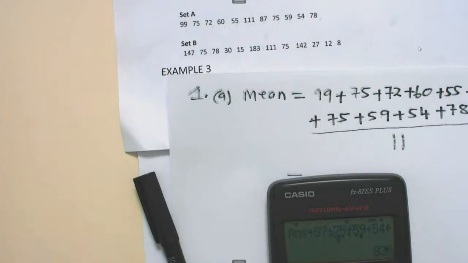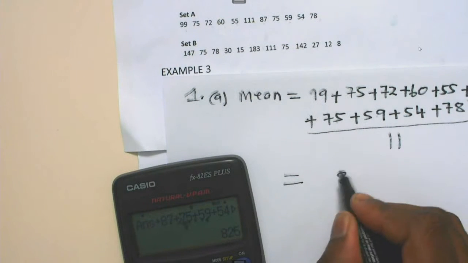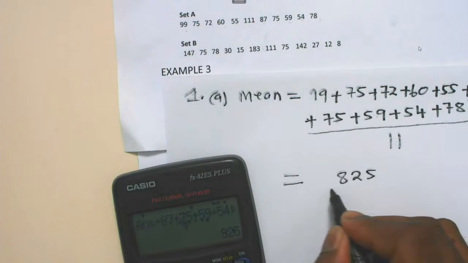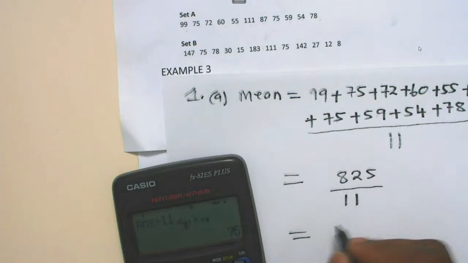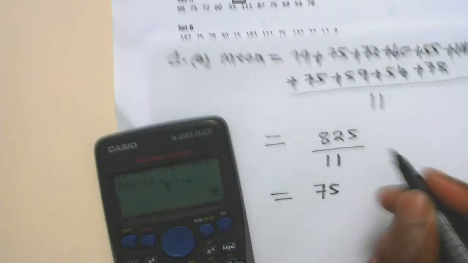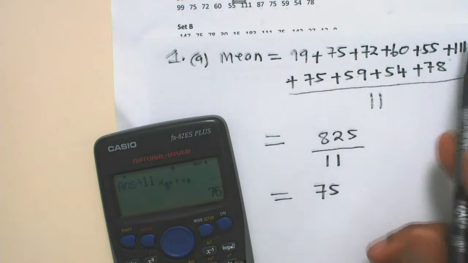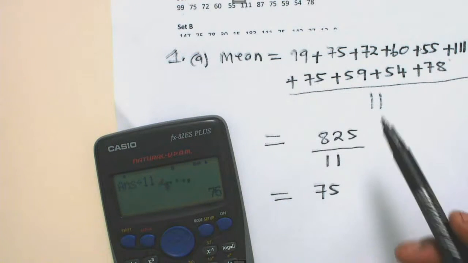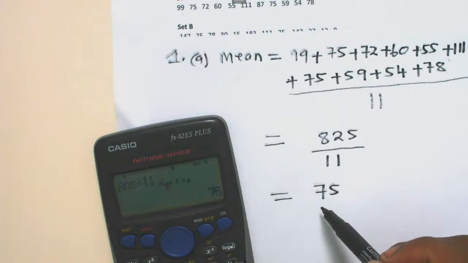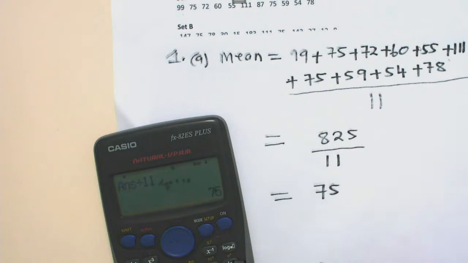So the sum of all our data values is 825. And then we divide it by 11. 825 divided by 11 gives us 75. What does this mean? Sometimes mean can be referred to as average. Our average is 75, which means our mean is 75 in this data.